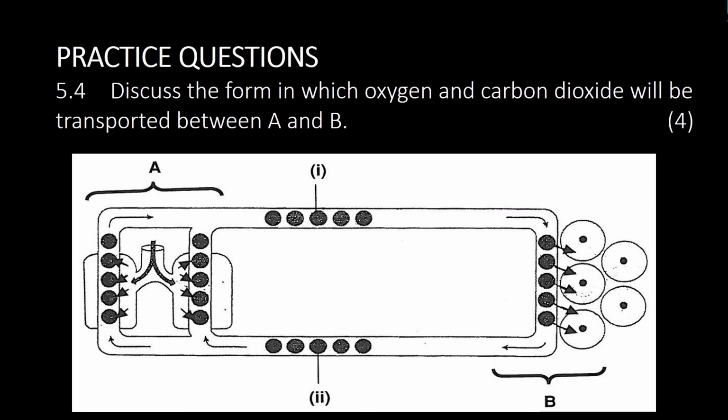Then discuss the form in which the oxygen and carbon dioxide would be transported between A and B. And here you would have to talk about, in the red blood cells, the hemoglobin, which the oxygen enters the red blood cells, links to the hemoglobin to form oxyhemoglobin.